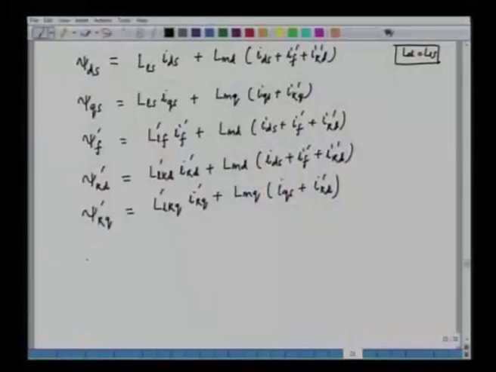So we will now write down the stator equations in the DQ reference frame. VDS is equal to RS IDS plus P psi ds minus omega r psi qs.